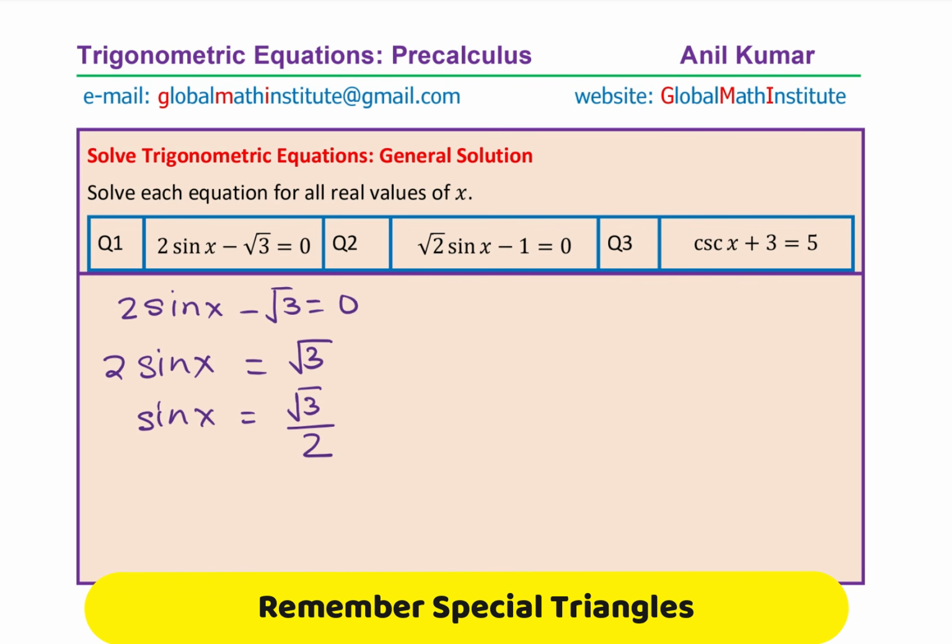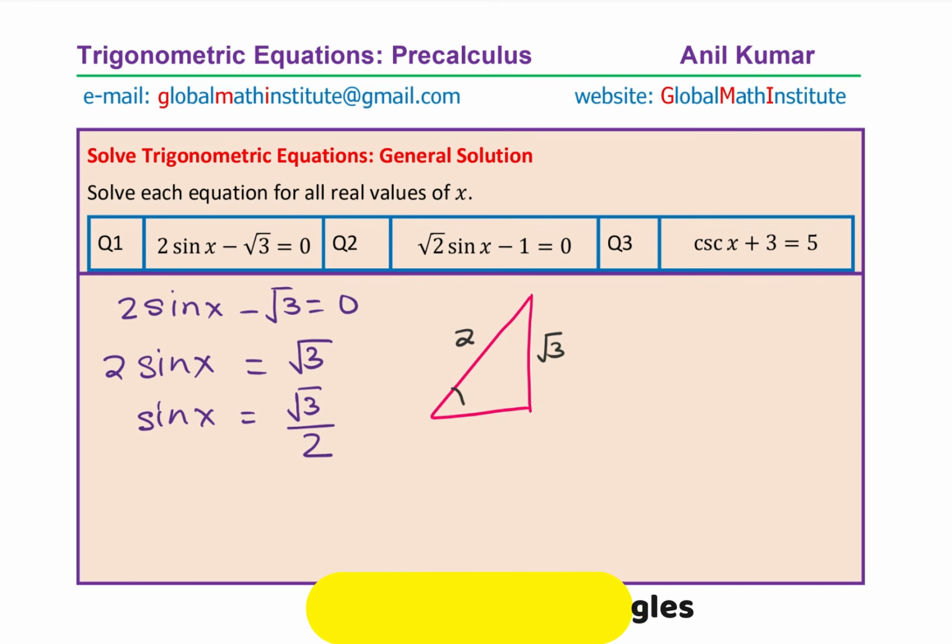And now to find the solution, we'll draw the special triangle. The special triangle with sides of square root 3 and 2. The angle, as you know, is pi by 3, correct?